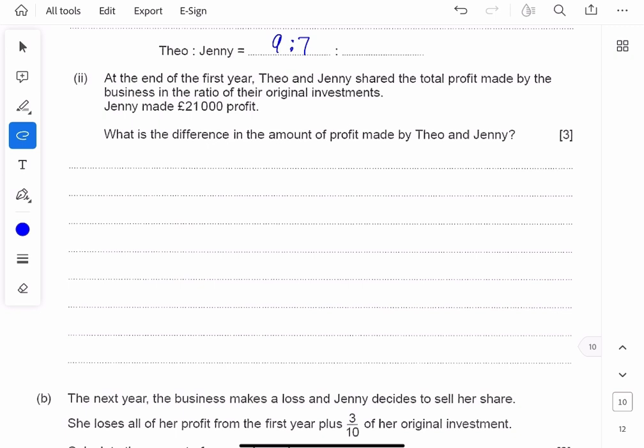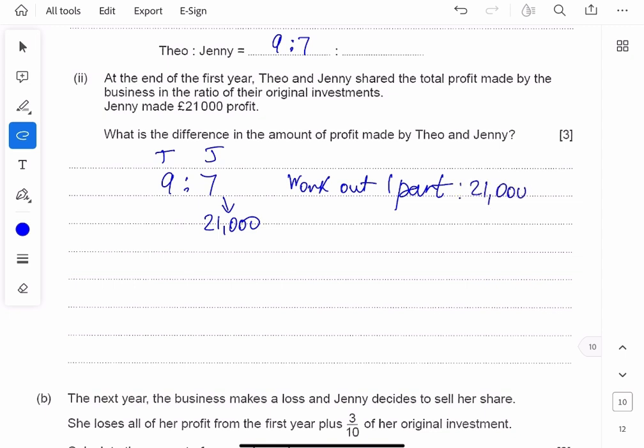Okay, at the end of the first year, Theo and Jenny shared the total profit made by the business in the ratio of the original investments. Jenny made 21,000 profit. So let's write the ratio we got from the first part, 9 to 7. And also we know Jenny made 21,000. So 7 parts in the ratio show 21,000.